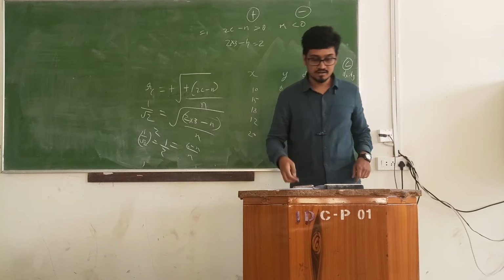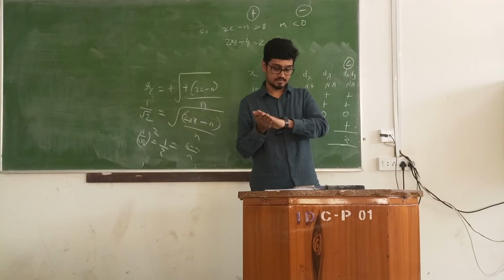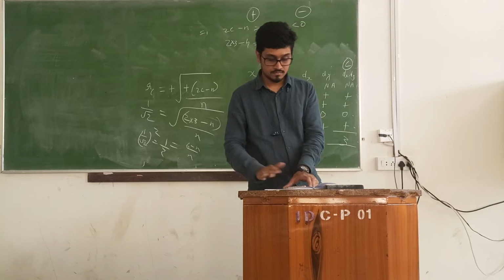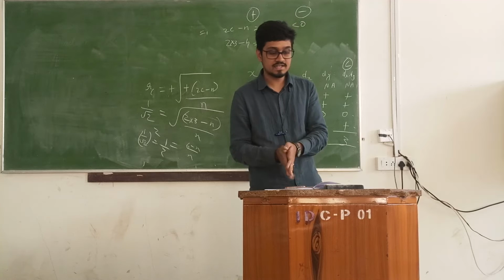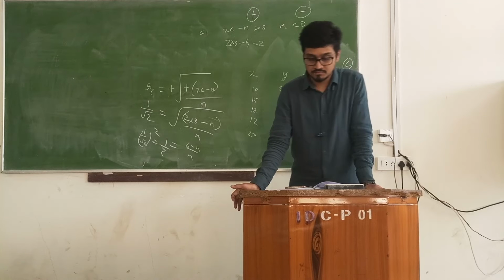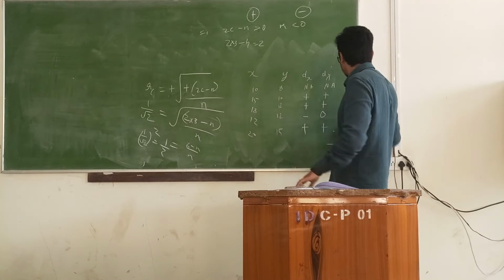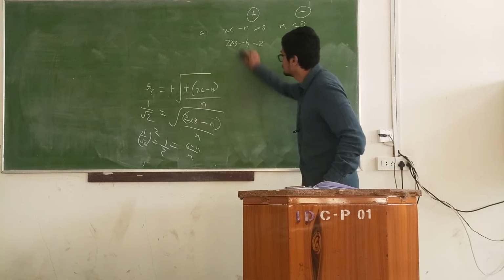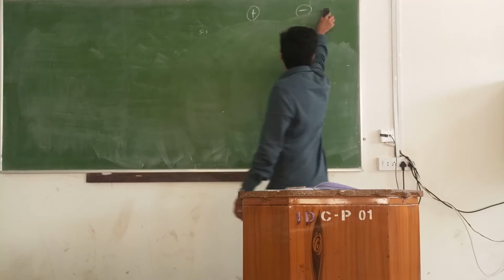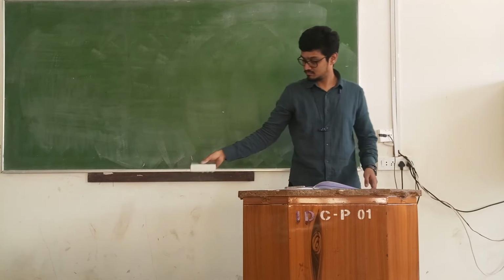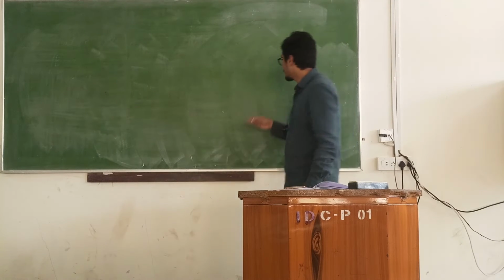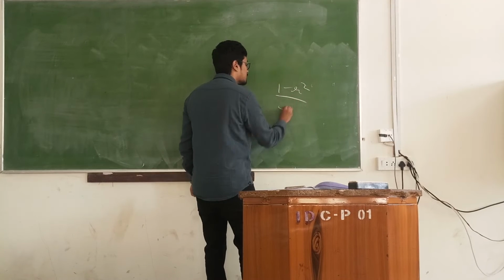Give the heading as standard error, short form SE. The formula is 1 minus r square by root n.